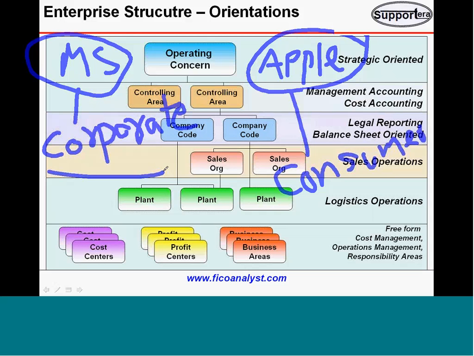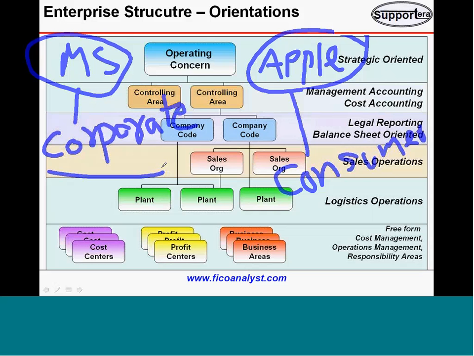Who is the customer? The ultimate customer is a small consumer somewhere, and for Microsoft it's big organizations. Based on this, their entire strategy, or their relations with other corporates, will differ.